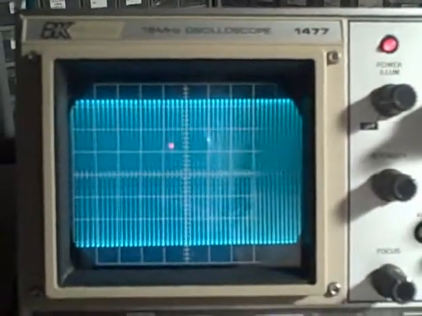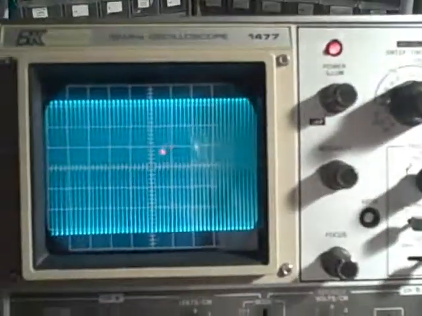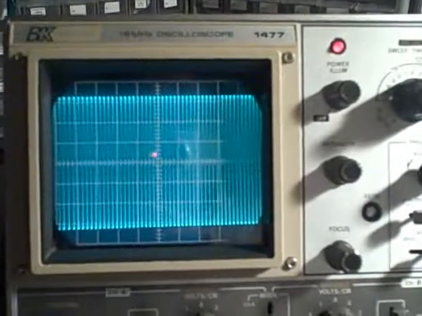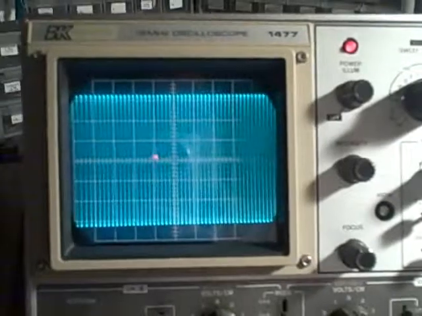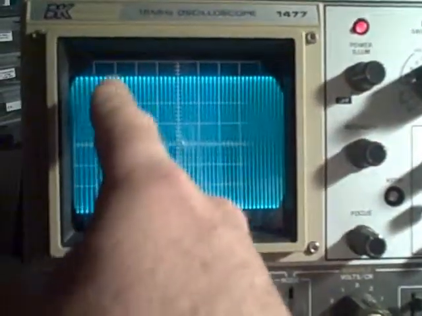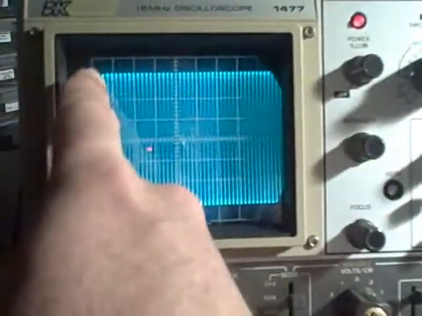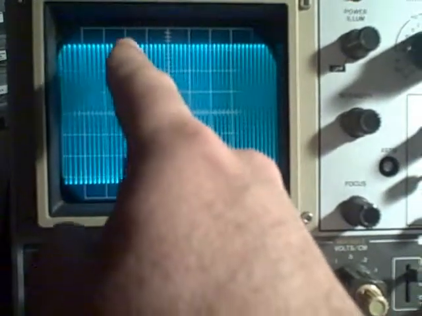It's a little bit hard to display here, but at 0.5 microseconds per division, it would be 1 microsecond in 2 divisions. And I think we would find that we have 10 of these in 2 divisions. 1, 2, 3, 4, 5, 6, 7, 8, 9, 10. Yes.